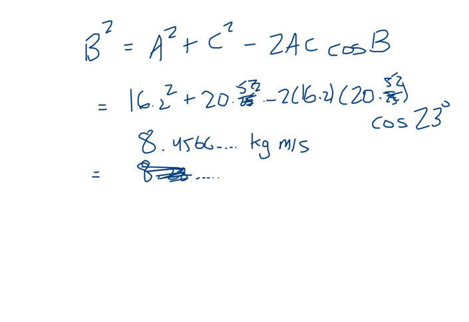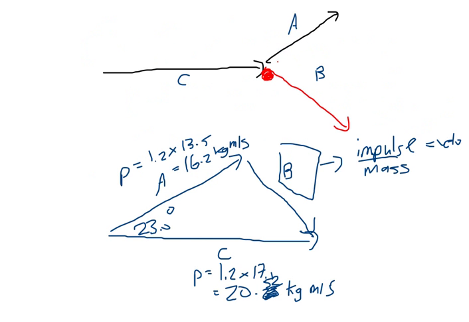which is great. If I go back to my picture over here, I can now label this side here. I'll even do it in a new color. This side's vector sum was the 8.456 kilogram meters per second, but that is a change in momentum value. We wanted velocity.